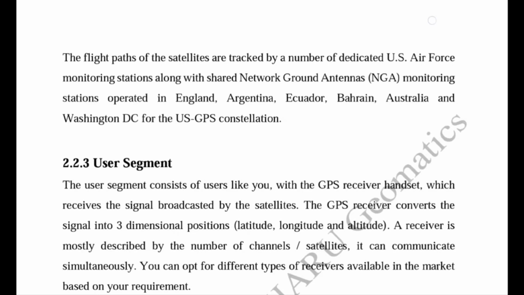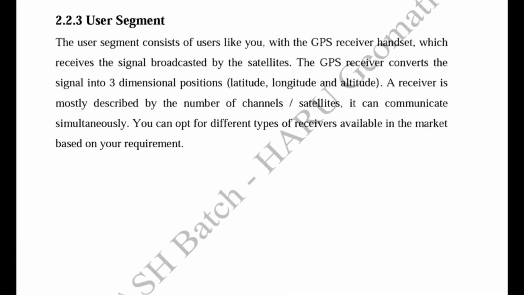Now this third one is the user segment. We already know the GPS receiver comes under the user segment, which uses the transmitted signal by the satellites for calculation of the position. That segment is the user segment.